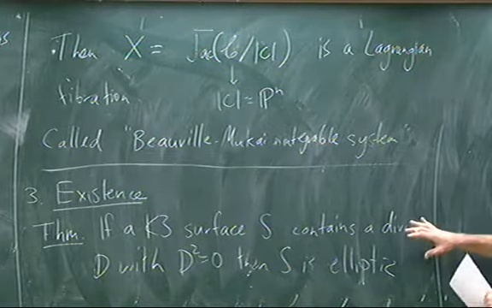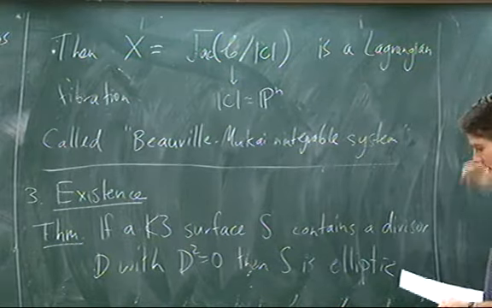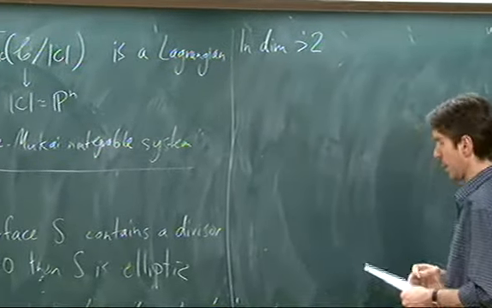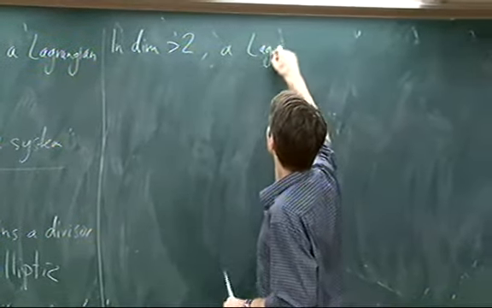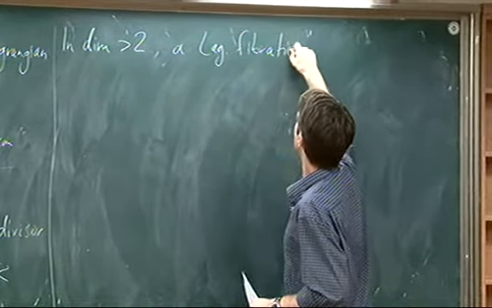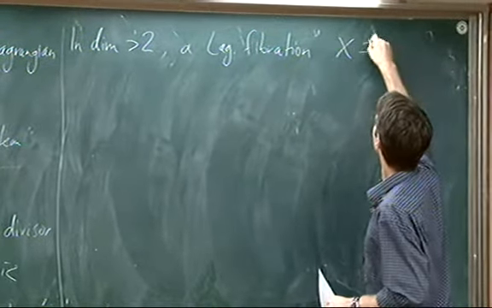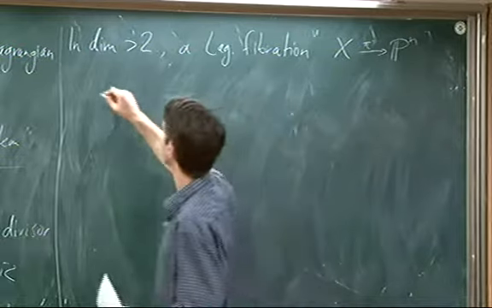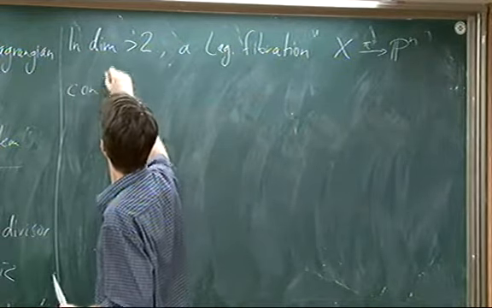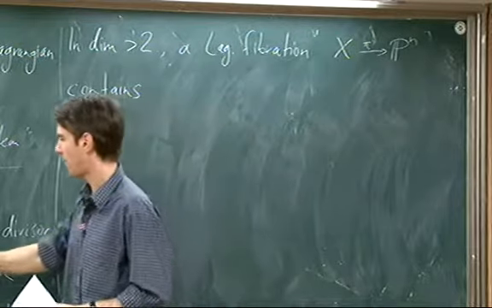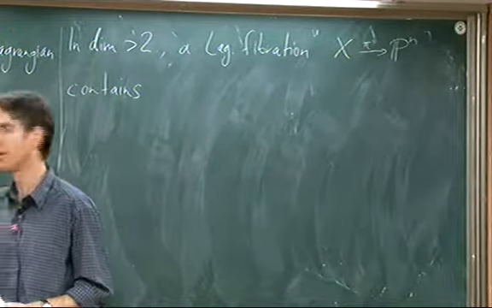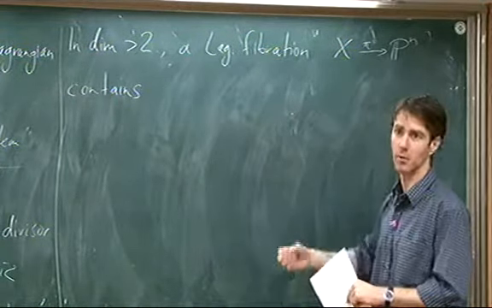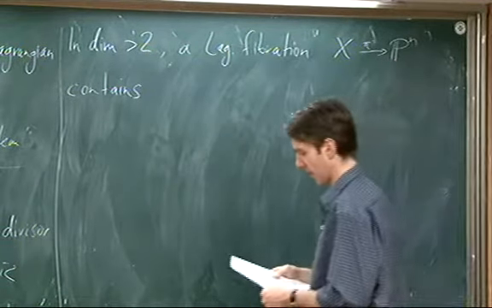So in higher dimensions, you could try to think about what the analog of this would be. So if I have a Lagrangian fibration over Pn, well, here the fiber of this would have square 0. So just pulling back a point from P1, here we'd pull back a hypersurface from Pn.